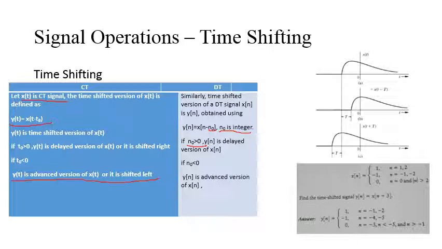So here is an example shown in figure A, right? So that's your original signal x of t. So if I shift it by an amount of capital T, which is basically a positive value, right? So if I shift it by a positive capital T, then the signal is shifted this side, right? Because you can also say that 0 means the present, negative means the past, and positive means the future.